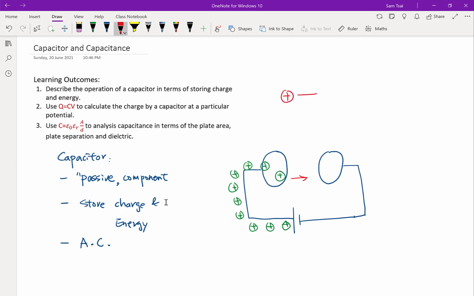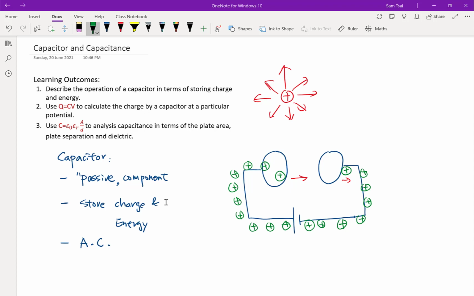So we got positive charge and they create an electric field. They will repel other positive charge. Am I right? Okay, so the positive charge will be repelled out from the metal. They will be repelled in this way, move out. Gradually they will be flowing through the wire and back into the battery.